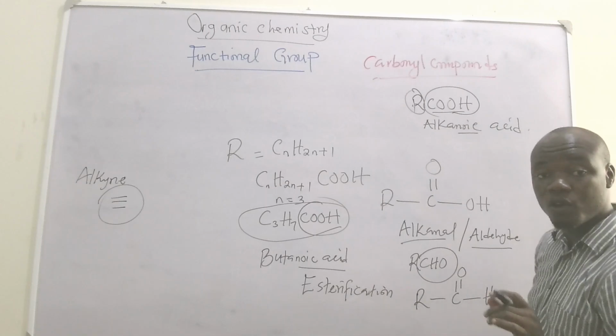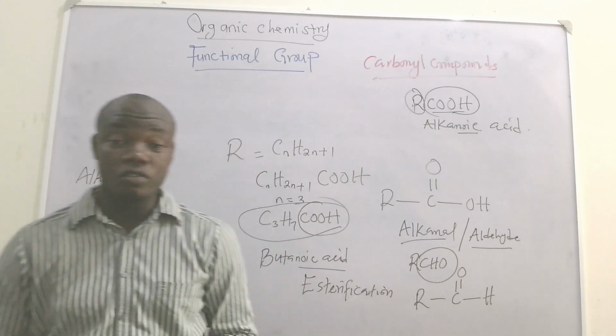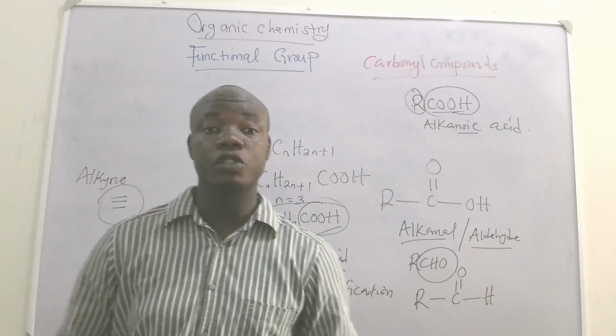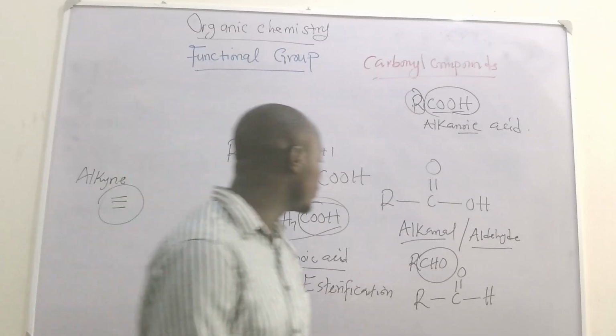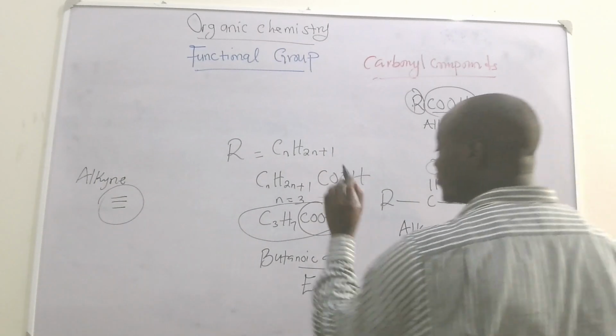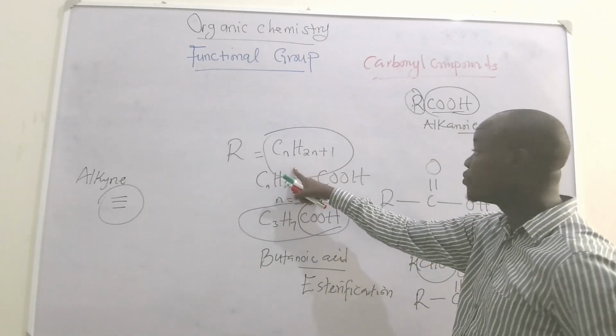Therefore, any compound that has the CHO functional group, the name is going to end with nal. For example, this is the alkyl group. Remember, the alkyl group always maintains the same formula.